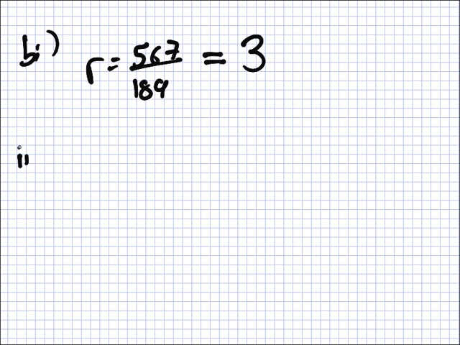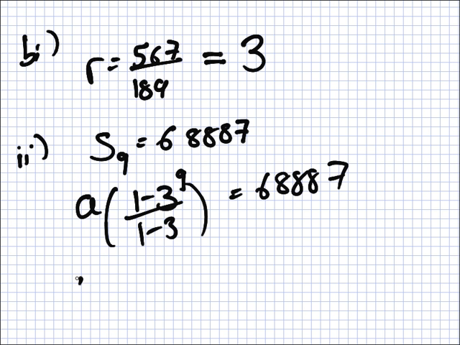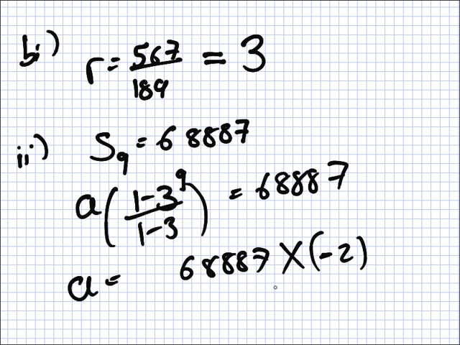Part 2. The sum of the first 9 terms is 68887. Find A. So you have A times 1 minus r to the power n over 1 minus r equals 68887. So A will equal 68887 times negative 2 over 1 minus 3 to the power 9.